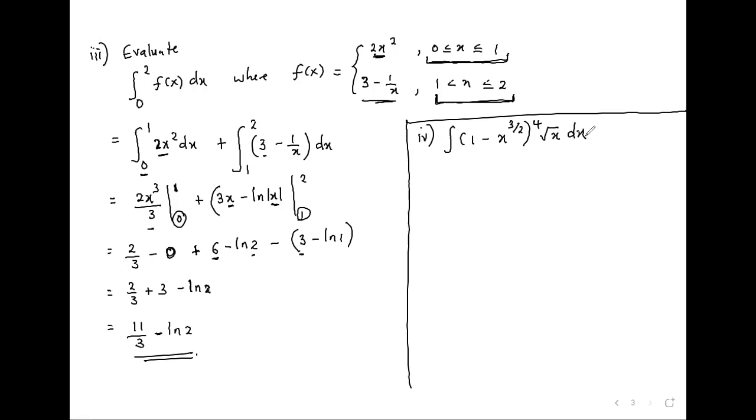Substitution, right? You let u be 1 minus x to the power 3 over 2. Then differentiate it. We'll get 3 over 2 x to the minus 3 over 2 x to the power half, because you're doing minus 1 there. But this can be written as minus 3 over 2 root x.